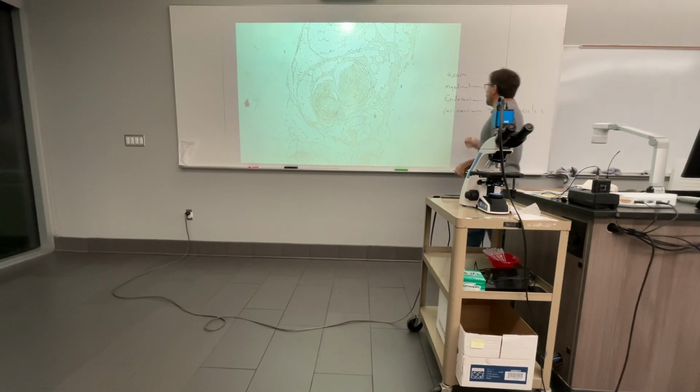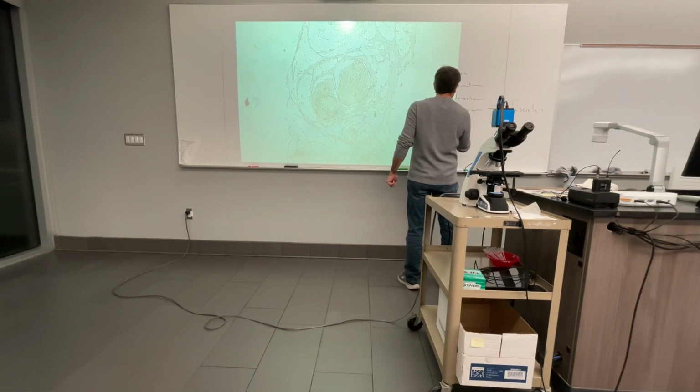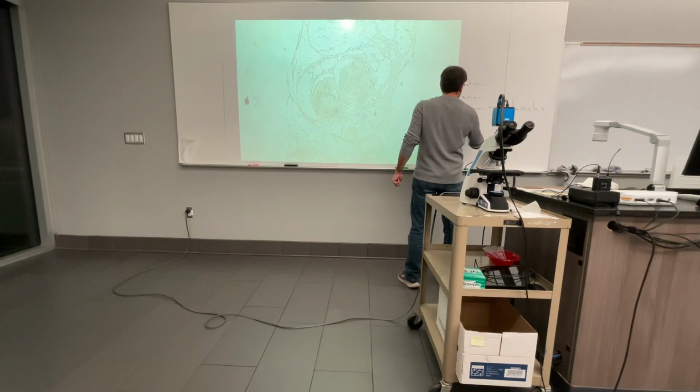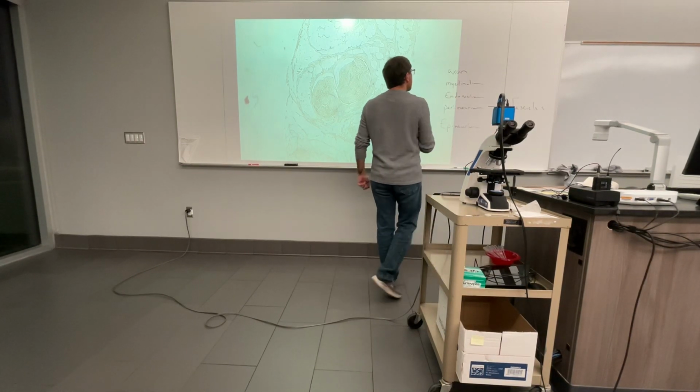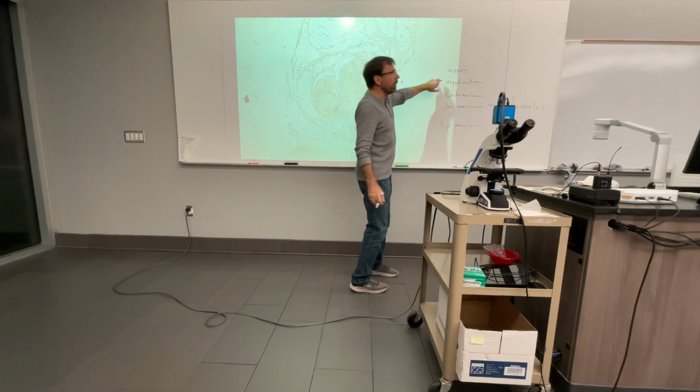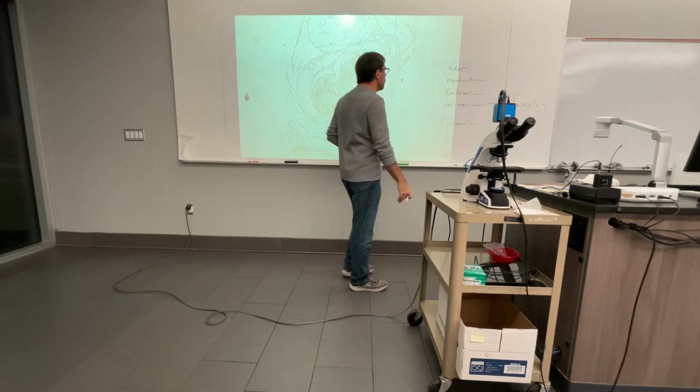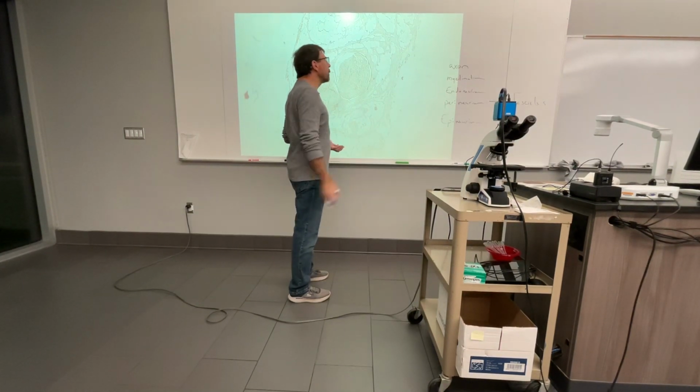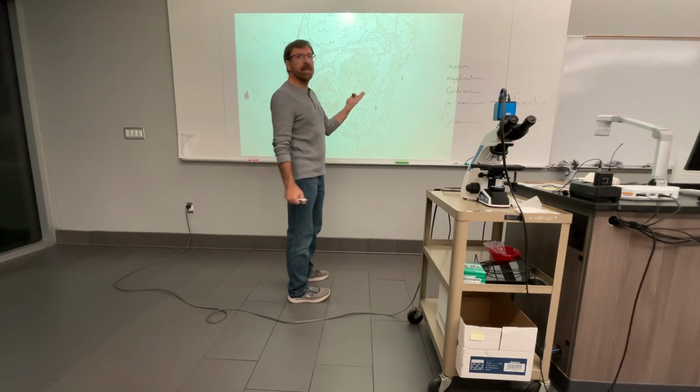Okay? And then the outermost is going to be the epineurium. Okay? So these are all layers of connective tissue. That is going to be a neuroglial cell, which in this case, since it's peripheral, that'd be a Schwann cell.